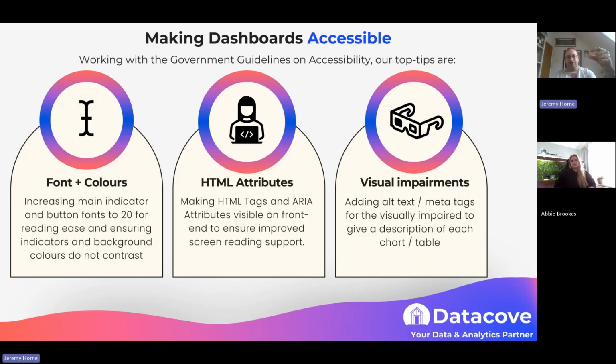But also making sure the font is big enough for people that maybe they're not quite at the stage of using a screen reader, but they want to be able to see things in an easily digestible and accessible way. So we had a font size of 20 that we adopted, or minimum font size of 20. You'll see some that are bigger across the app. It makes it easier to read, but it also means it looks clearer and cleaner on the screen.